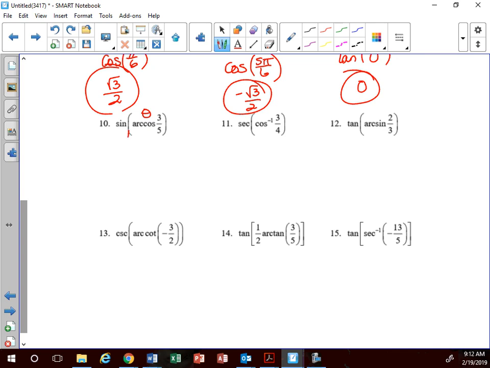So we're starting on the inside. Arc cosine 3/5. All right, it's cosine, so I know I can't pick down here. So first or second quadrant, where am I drawing this? First. Okay. Theta, right angle. Cosine's 3 over 5, so what does that mean?